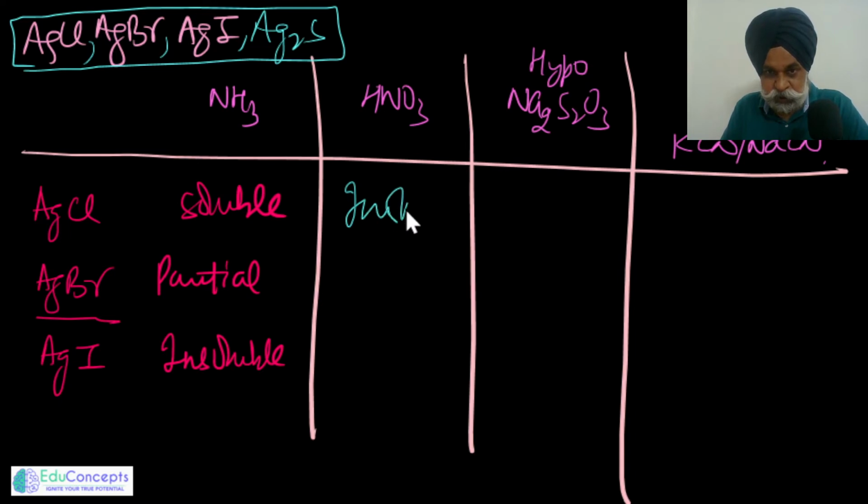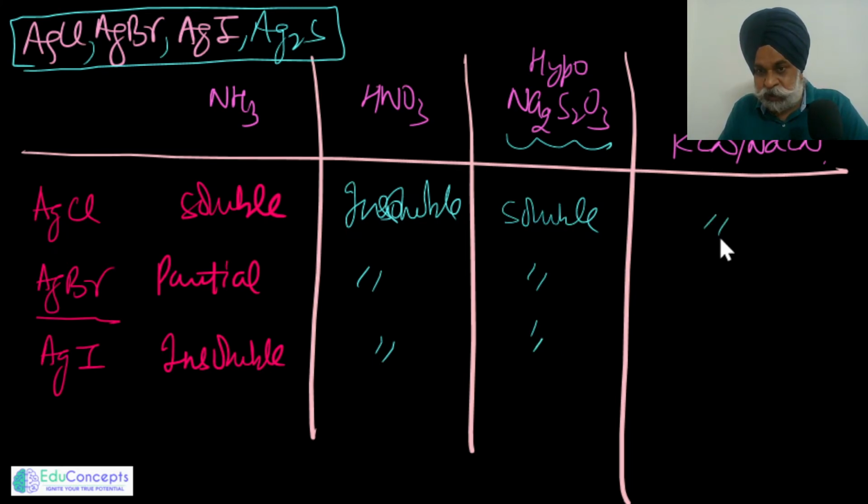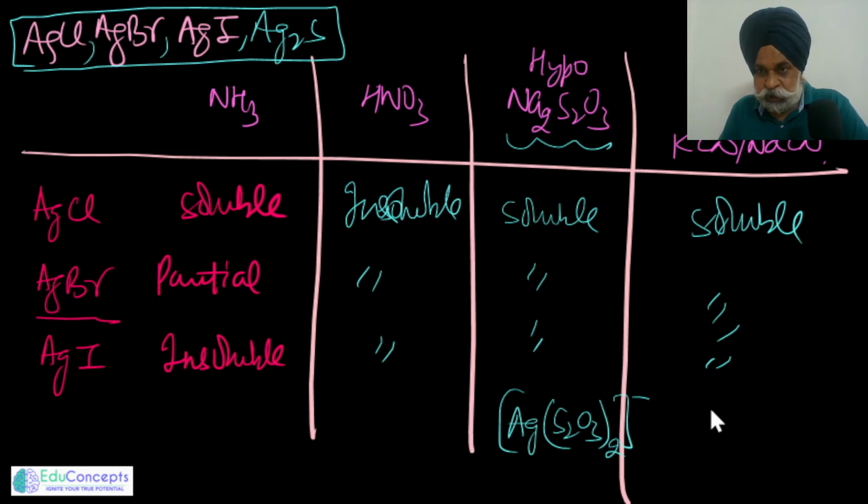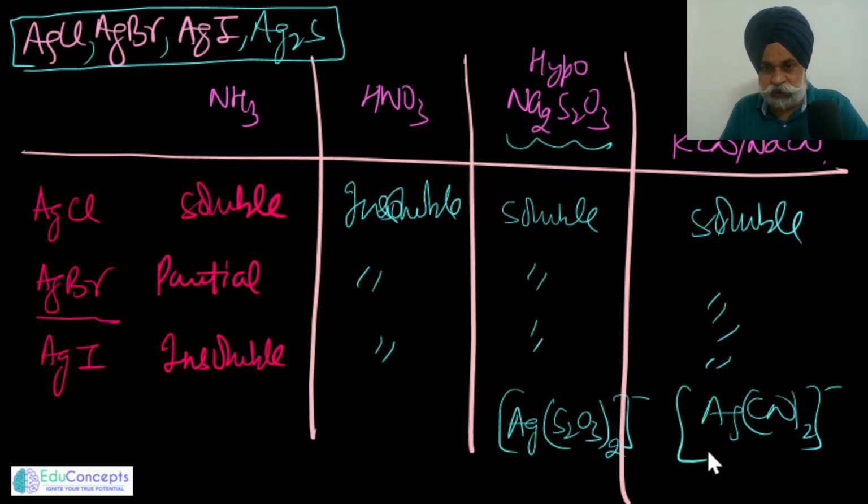Here it is soluble because it makes a complex, and this is also soluble. Here with cyanide also it is soluble. Here this type of anion is generated, and in this case it would make this sort of complex. So you always have to keep this in mind.